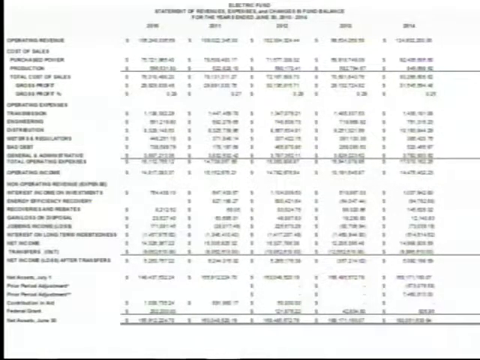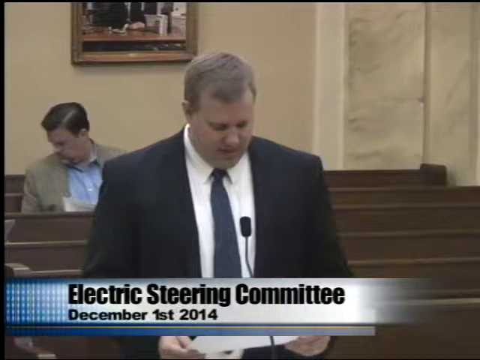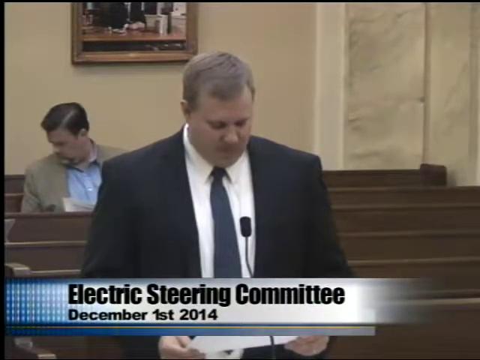There's 5 line items: interest income on investments, the energy efficiency recoveries and rebates, gains loss on disposal, job and income loss. So those 5 items make up non-operating revenue.